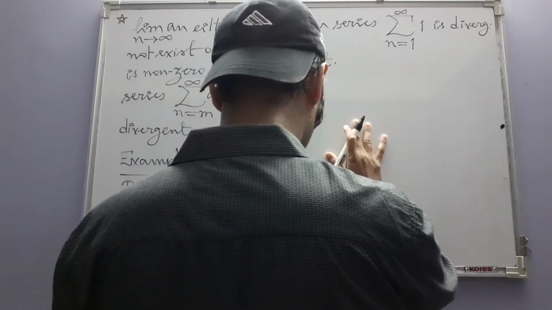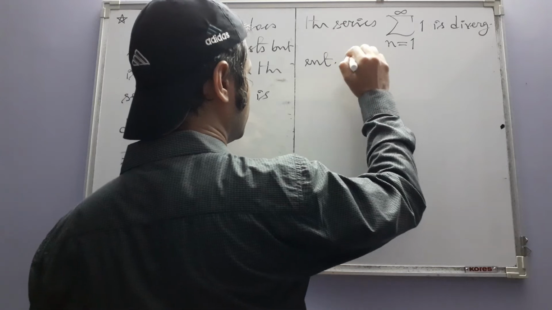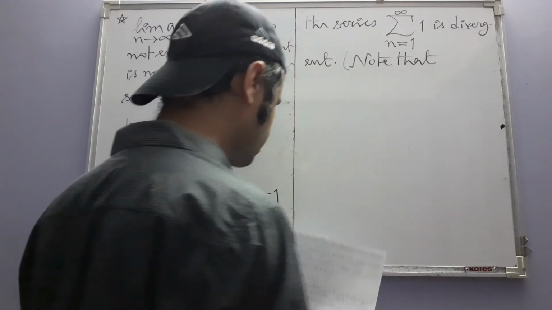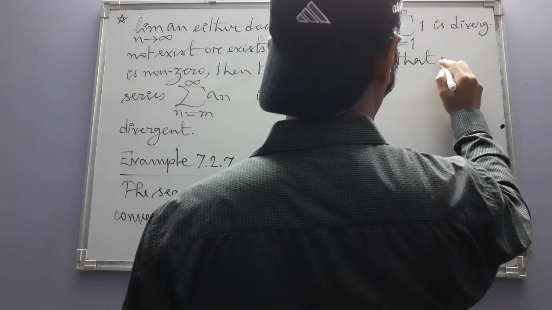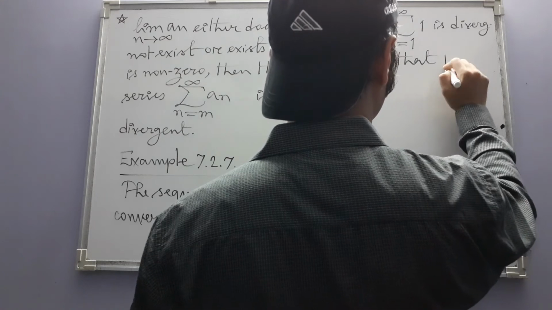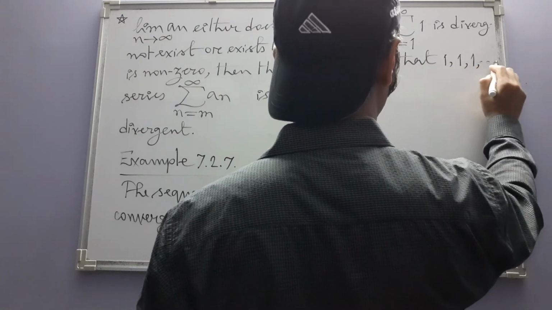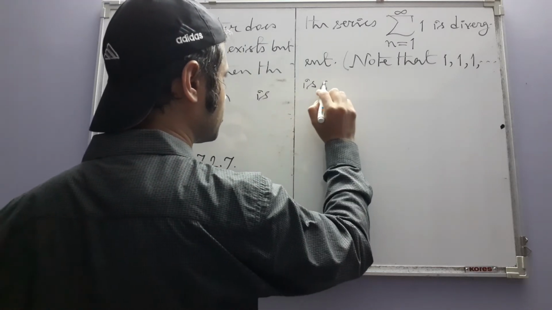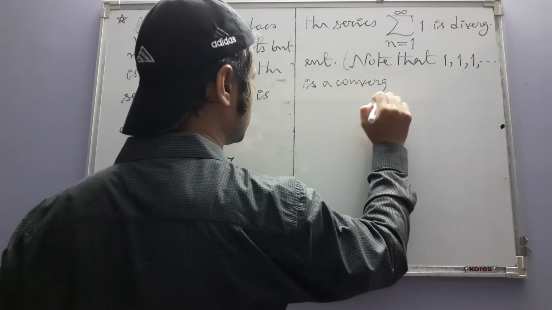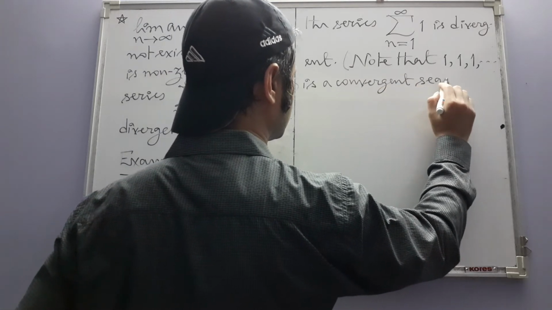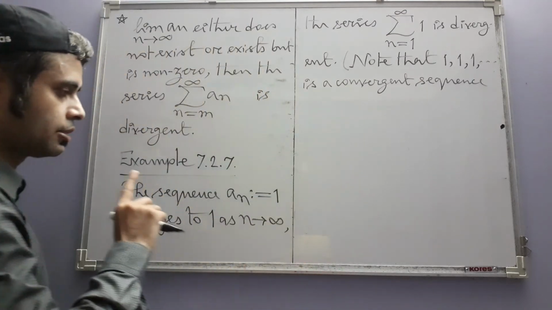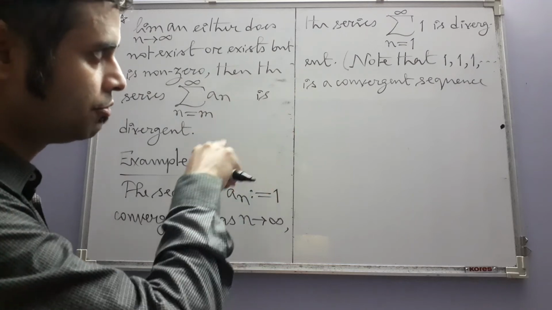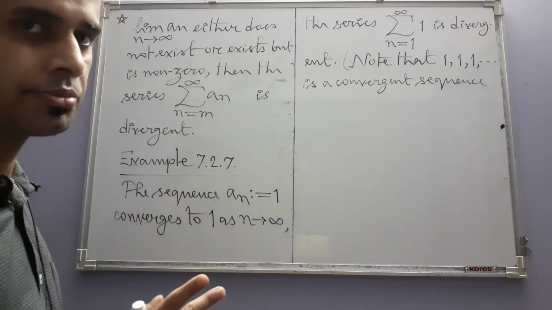It is a divergent series, same thing. Note that the author also reminds us that the original sequence is a convergent sequence. So the sequence of terms 1, 1, 1, 1, that is convergent, but if you use them to form this series, the series becomes divergent.